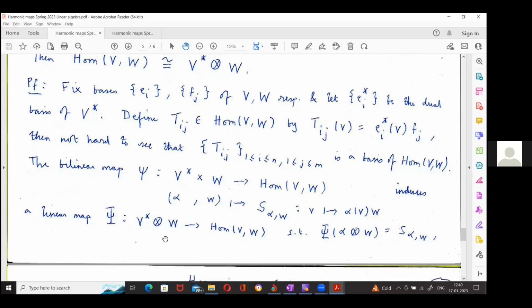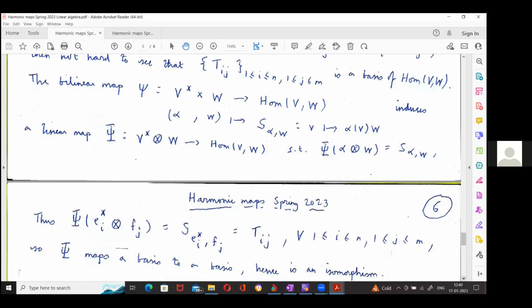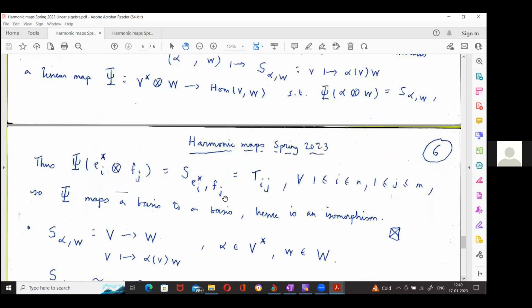So this linear map is defined without any choice of basis. It's a natural linear map from V star tensor W to Hom(V, W). But what does it do to a basis of V star tensor W? Remember, we showed that a basis of V star tensor W is given by a basis of V star tensor a basis of W. So that would be e_i star tensor f_j.